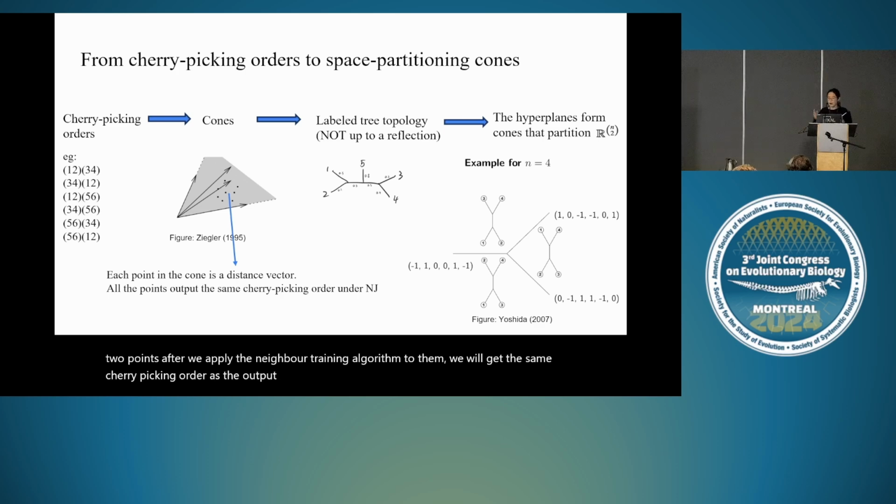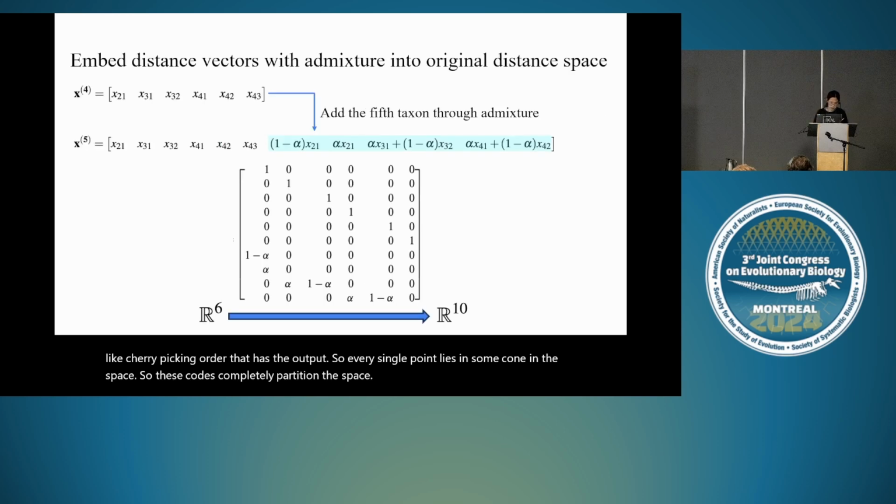And we also know that every input has some type of cherry-picking order as the output. So every single point lies in some cone in the space. So these cones completely partition the space of input distance vectors.